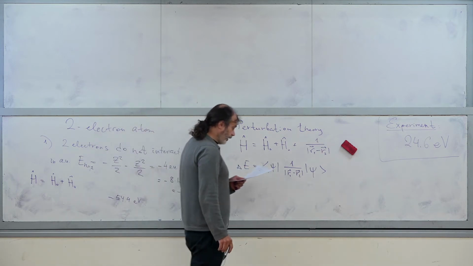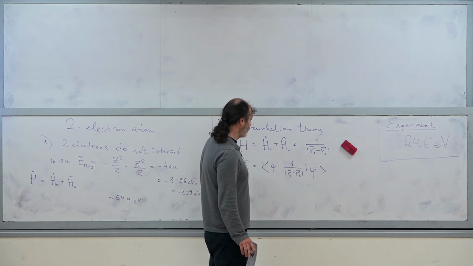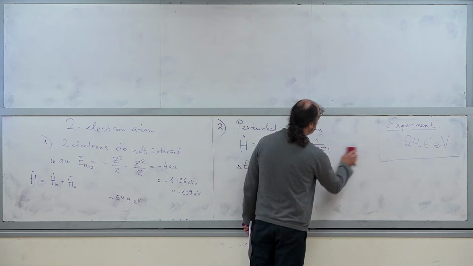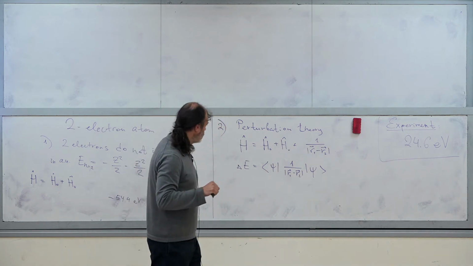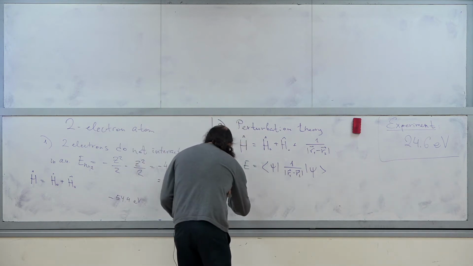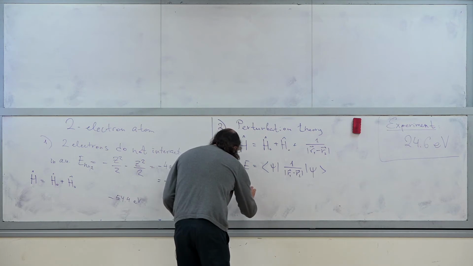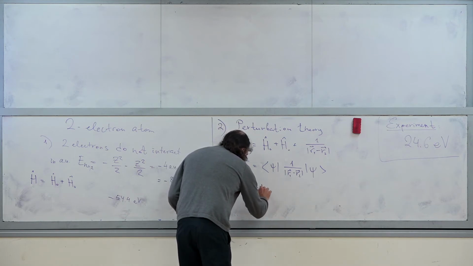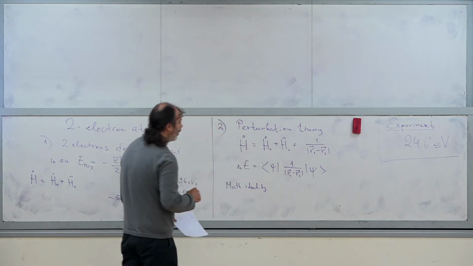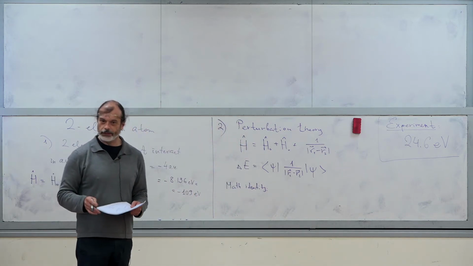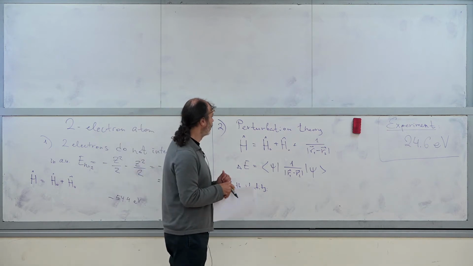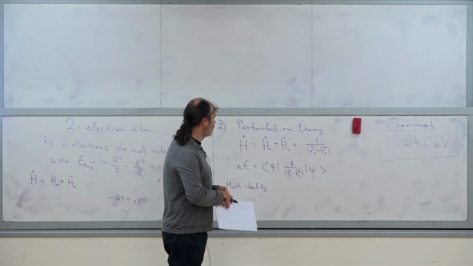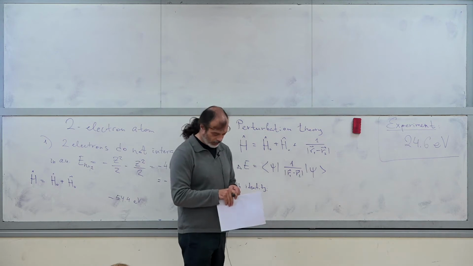So to calculate this term, we have to use some mathematical tricks. And one of the best ones to use is this mathematical identity. This identity that I will put on the screen will be useful for all the story that we have here with the two electron atom. Well, not only with two electron atoms, but with many electron atoms, but you know, the story of two electron atoms is very complicated.